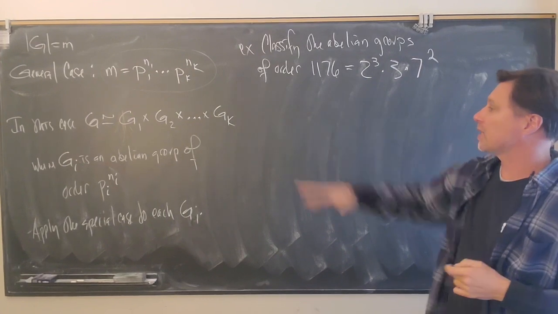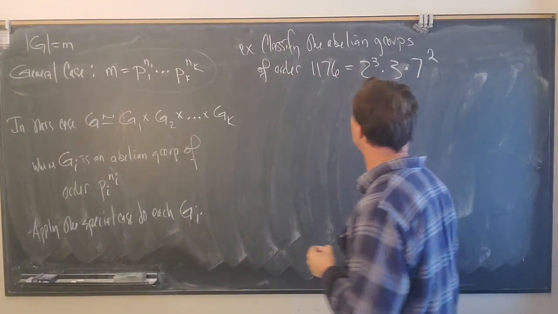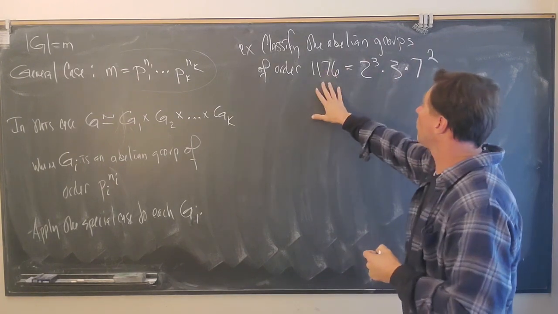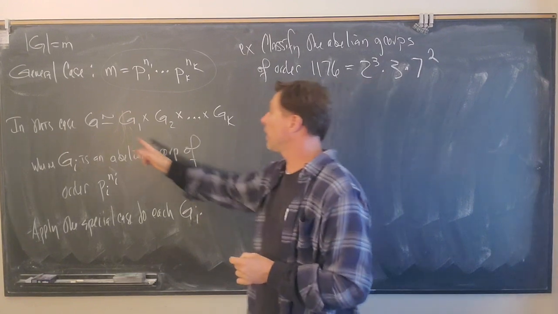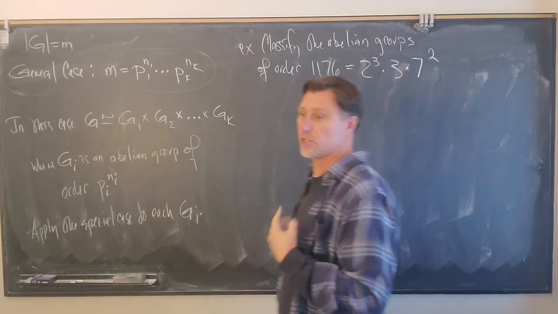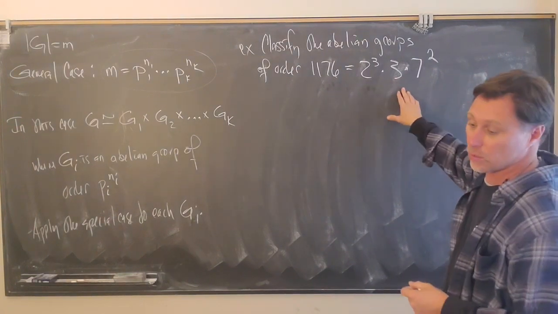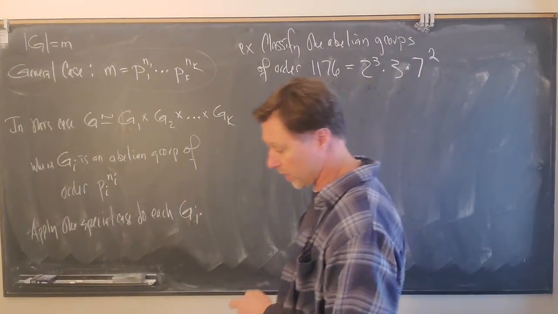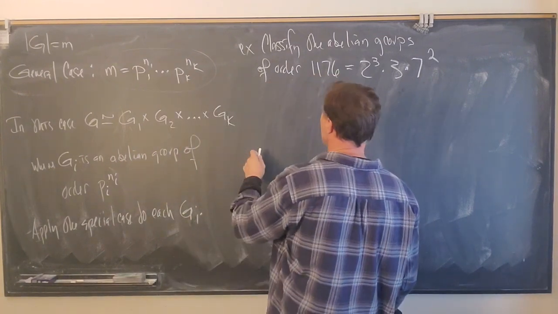So here's the idea. According to this process, any group of order 1176 is going to break up as a product of 3 abelian groups, a G1, a G2, and a G3, where the first one has order 8, the next one has order 3, and the last one has order 49. So here's the solution then.